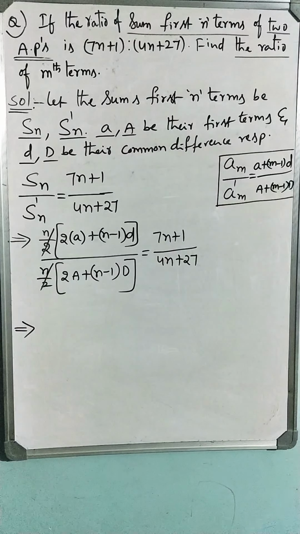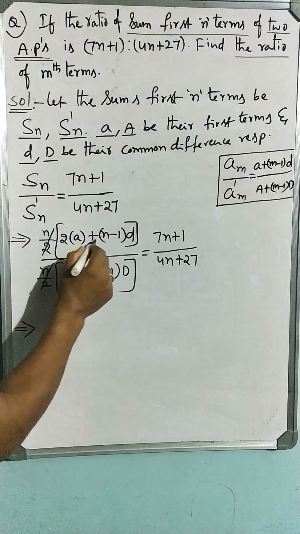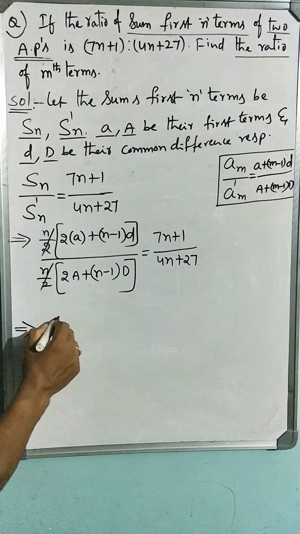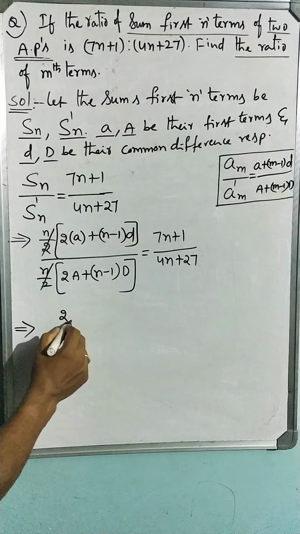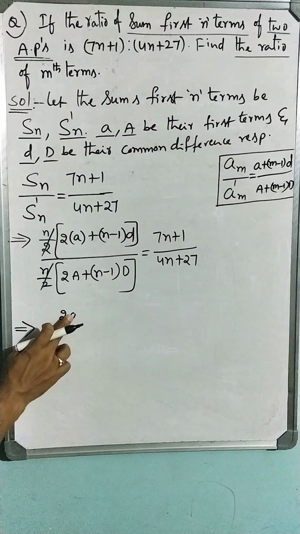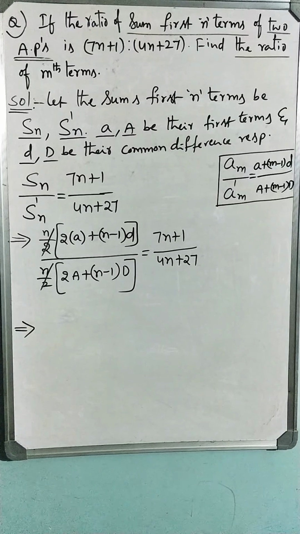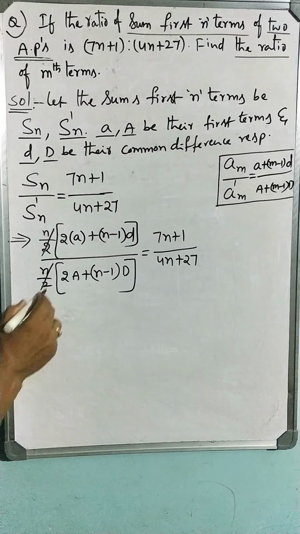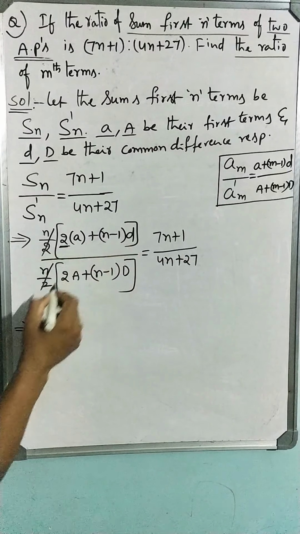Let us go for the next step: 2a plus n minus 1 into d. Take 2 common here.